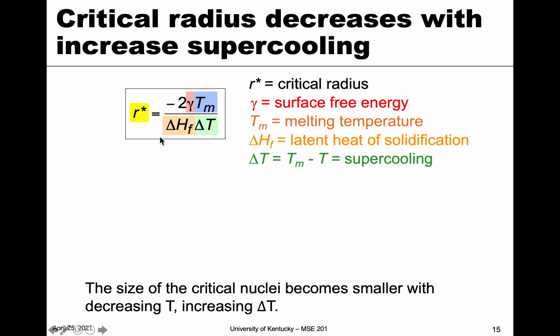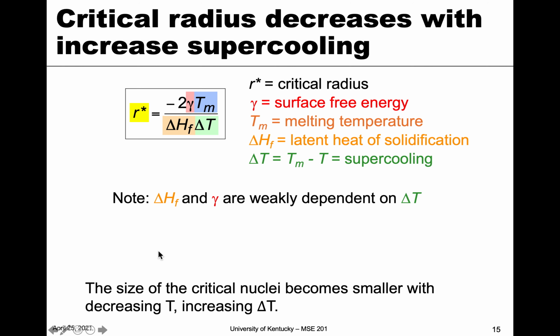If we solve for that, we see that the critical radius R star is equal to minus 2 times the surface tension or surface free energy, multiplied by the melting temperature, divided by the latent heat of solidification, so the enthalpy, multiplied by the supercooling, so delta T. This allows us to calculate the R star for this system. And what we see is that it's an inverse function of the delta T, the supercooling term.